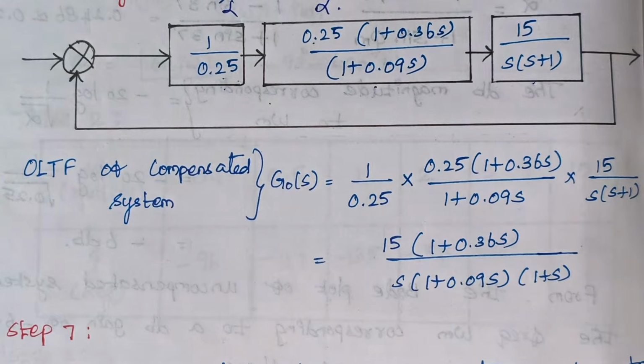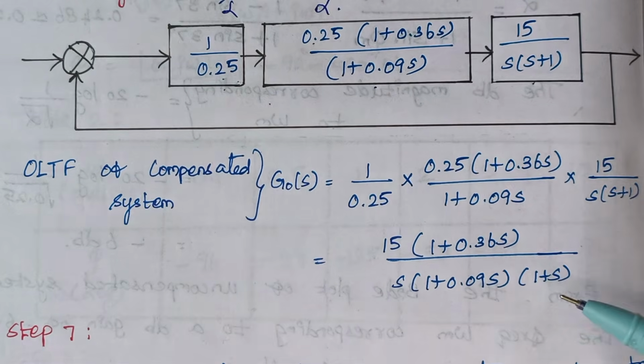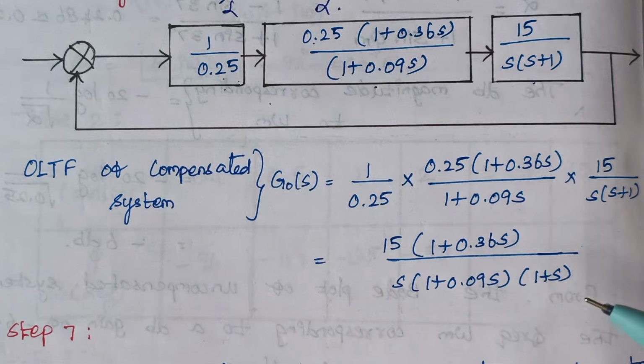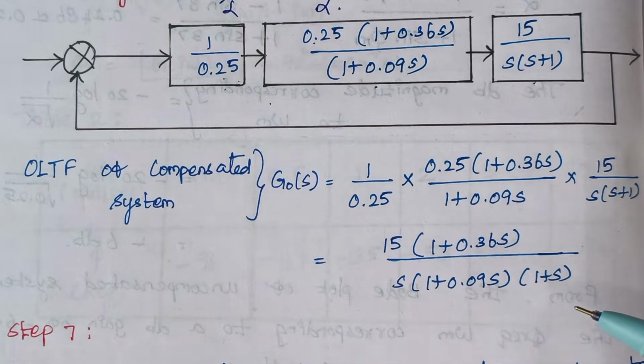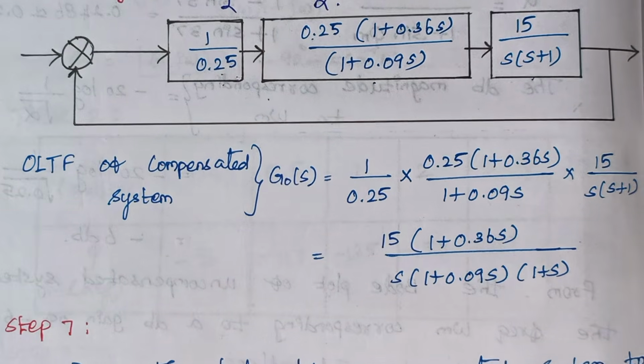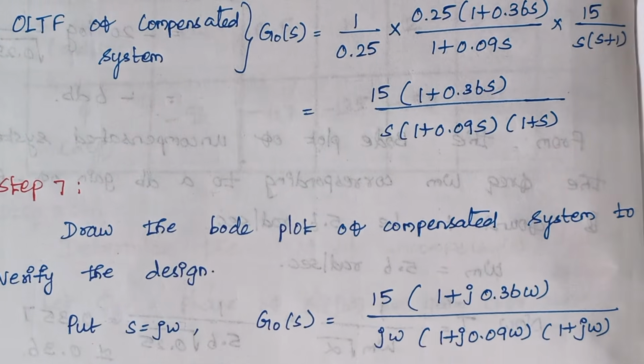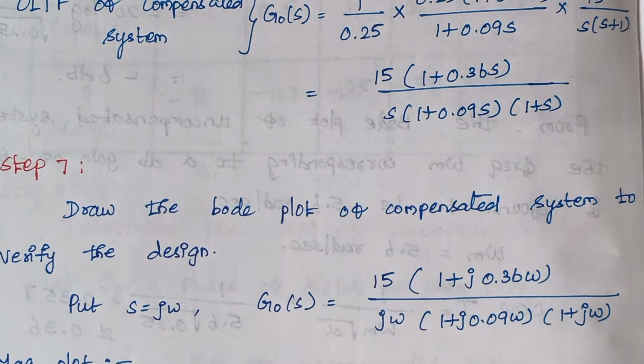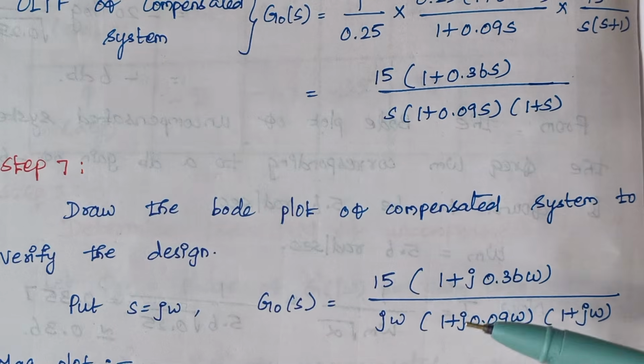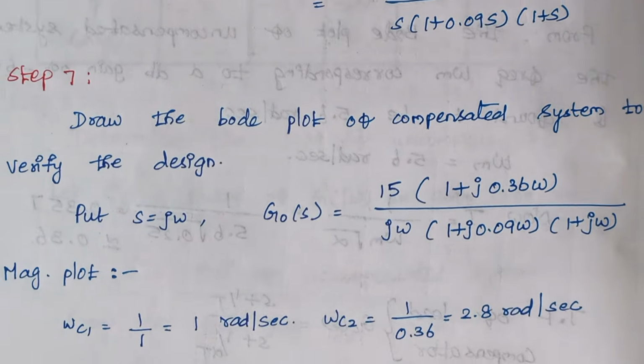And the next thing is, again, we are going to draw the Bode plot for this transfer function. Hold on, take a deep breath. Now we are going to proceed again. We have to use the same steps to draw the Bode plot. The first step is we have to replace s by j omega. Then the next step is we have to find the corner frequencies.